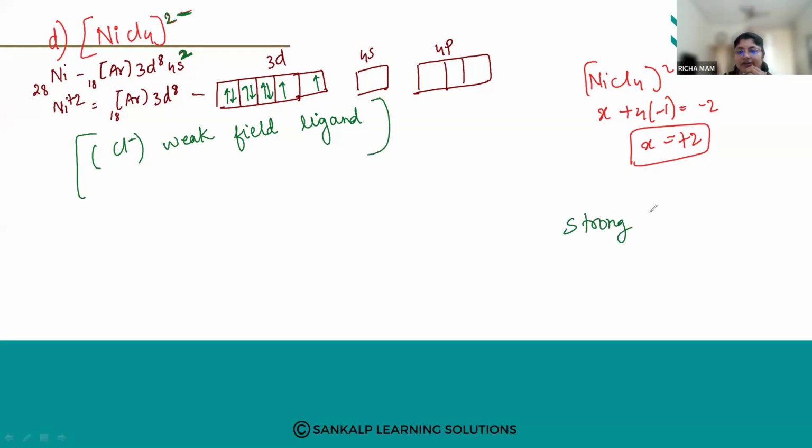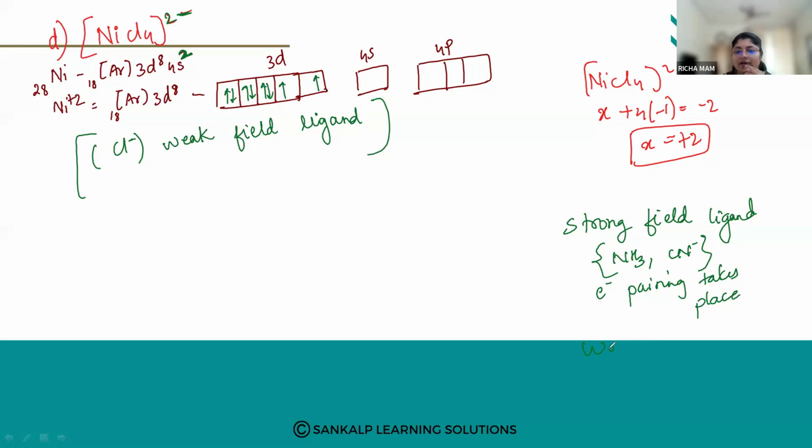So now you might have understood. Which are the strong field ligands? We have discussed them. Remember, one was ammonia, another was the cyanide ion. Whenever strong field ligands are there, electron pairing takes place.